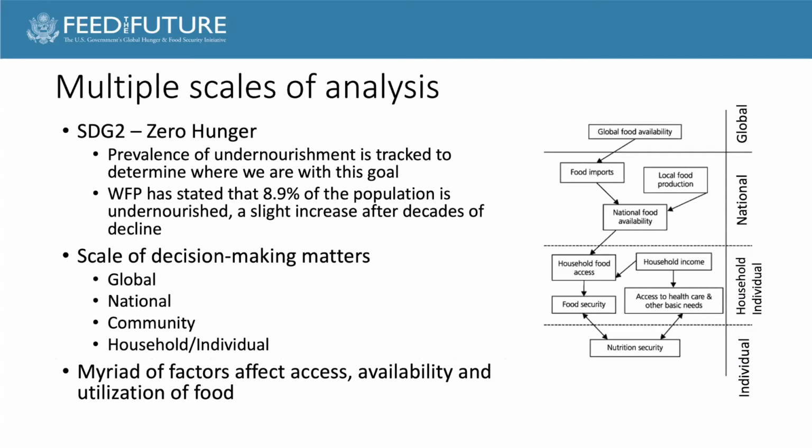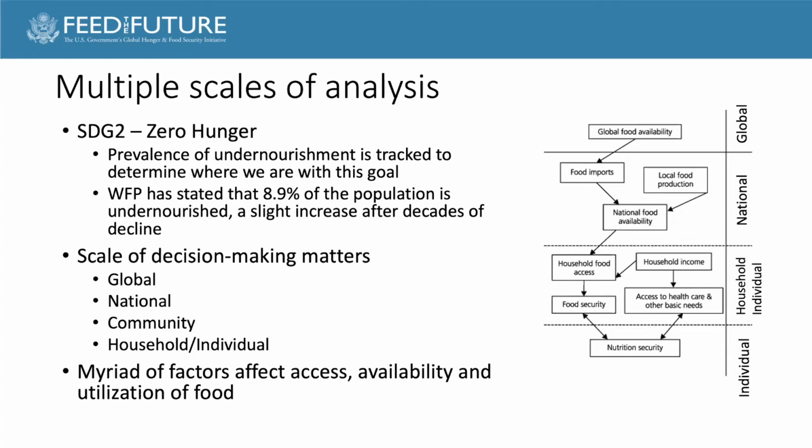There are multiple scales at which food security can be measured. So we have global food availability, which is measured obviously at the global scale; national, where you have imports and production; community level of access, where it's about whether or not the food is actually accessible within your community; and then of course individual and household measures of food security.